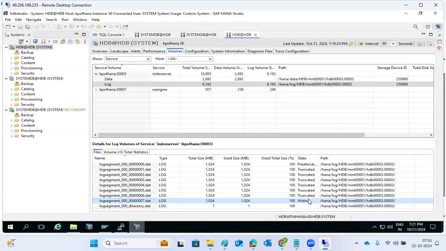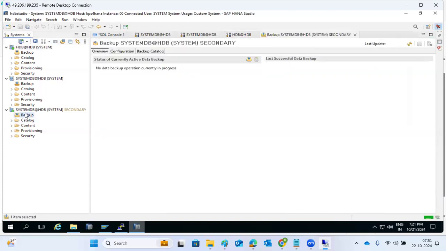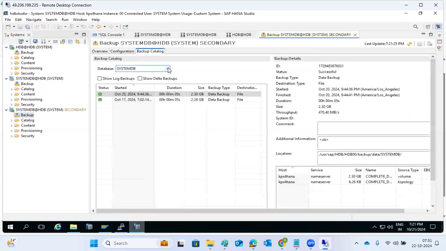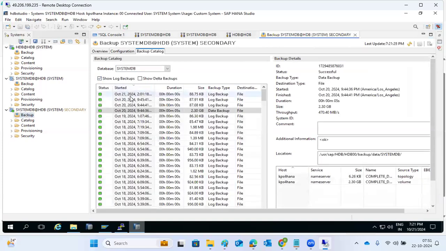But in development and testing, suddenly, though I am not deleting any data, the HANA log increased from 7% to 100%. Okay. For the HANA log, a log backup happens frequently, and the log backup deletes the logs from the /hana/log folder.